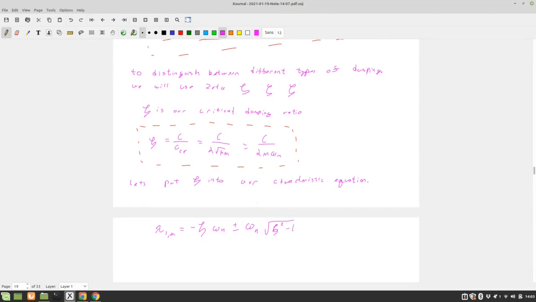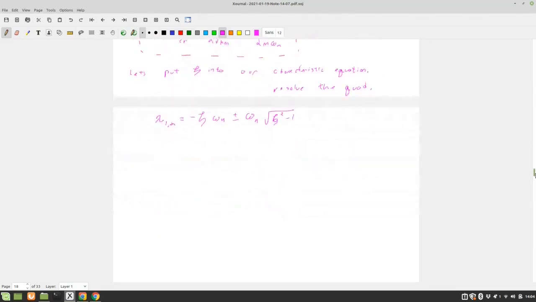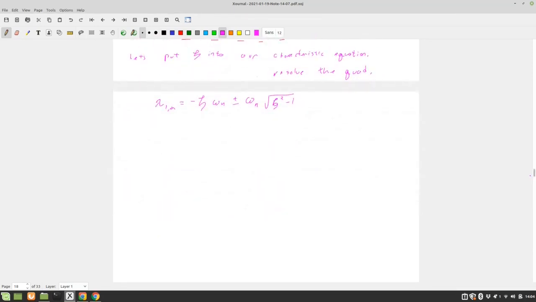So we push this back into our characteristic equation, and then I guess we resolve the quadratic. Right? So we resolve our quadratic equation, and we end up with this expression here for lambda.